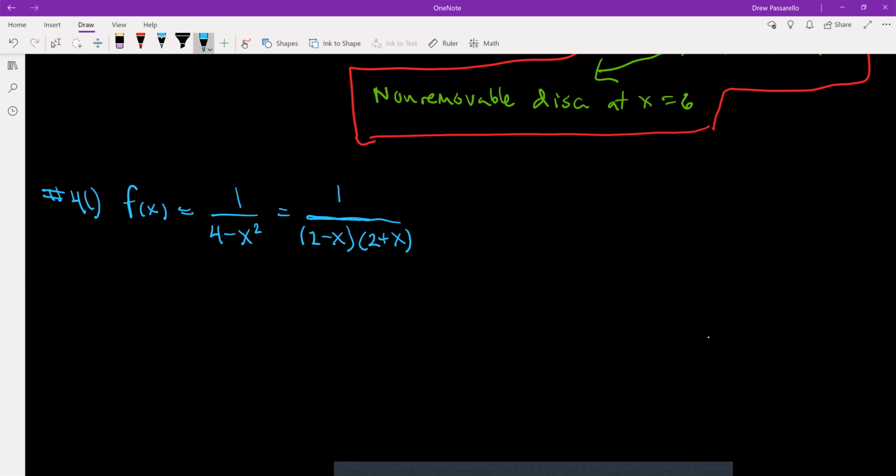Now, there are no common factors I can cancel out from top and bottom, so that means there are no holes in the graph. This is already reduced, so I can go ahead and set the denominator equal to 0, and that will give me the vertical asymptotes.